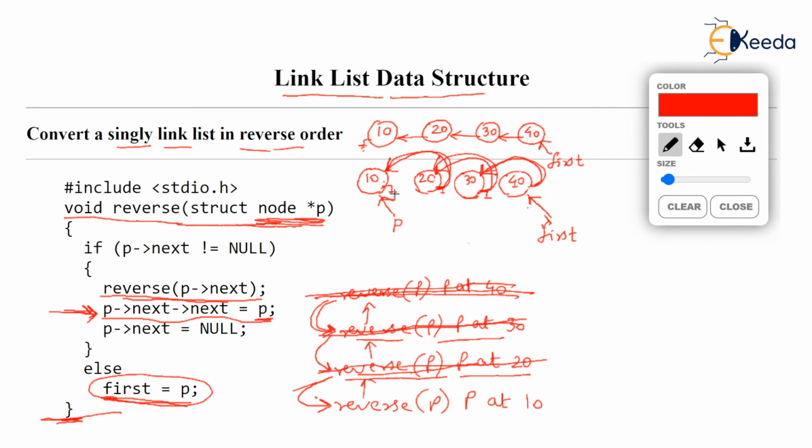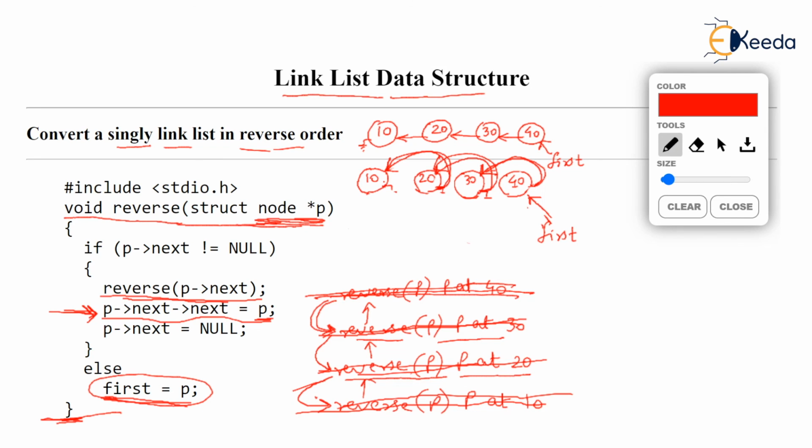After P arrow next becomes null, the if ends, so the function ends. So reverse P with P at 10 is getting finished, isn't it? Obviously, the parameter P is going to be destroyed. And we will be back in main, because who called reverse 10?